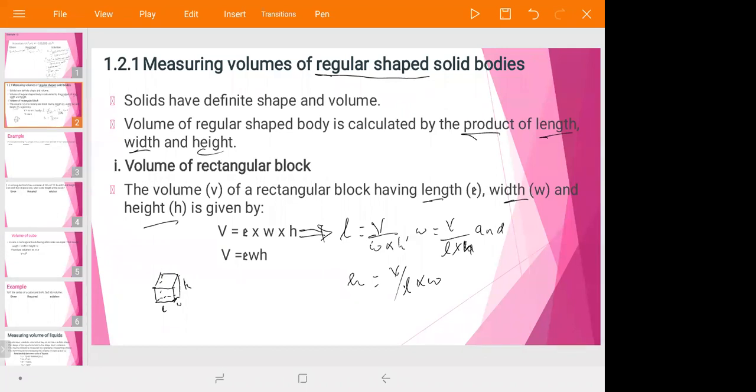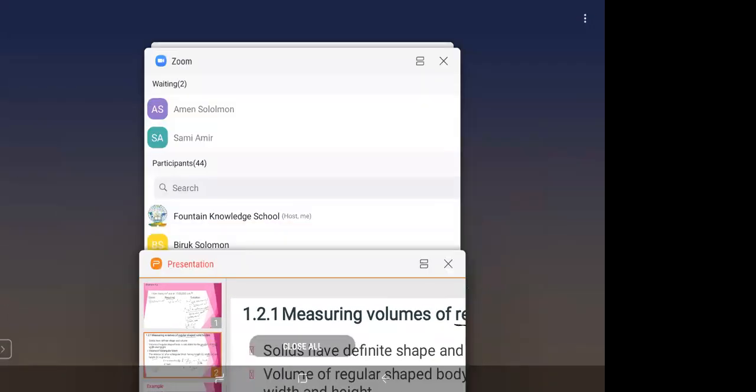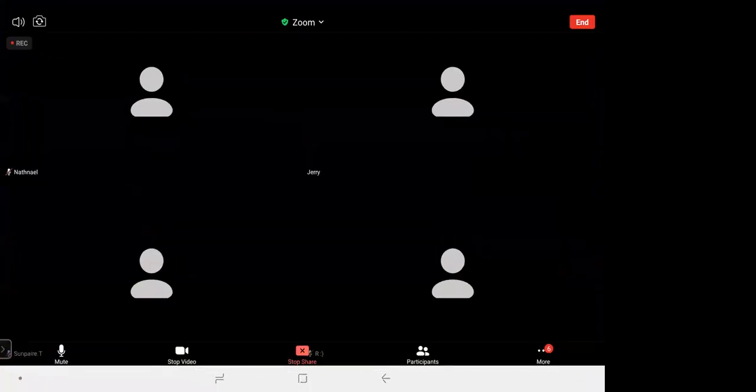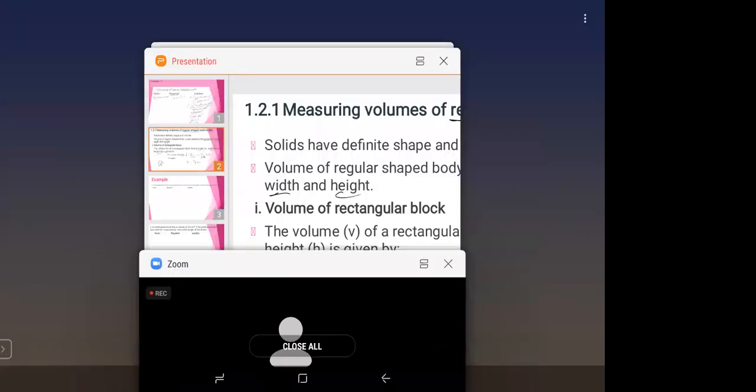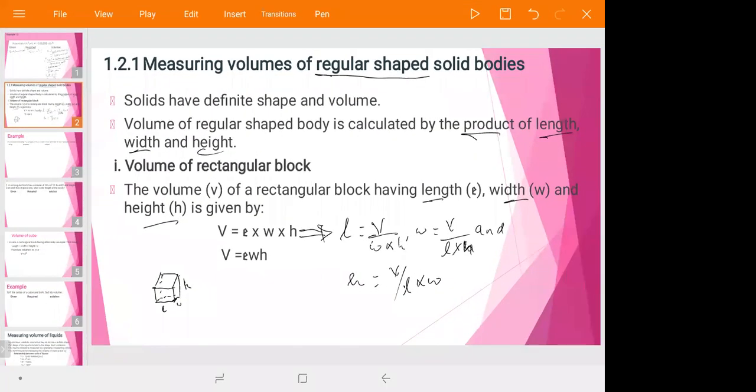Have you understood what I wanted to say? Yes. So you can calculate the volume of a rectangular block by length, width, and height.